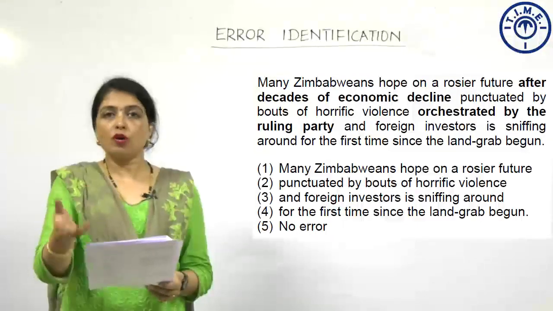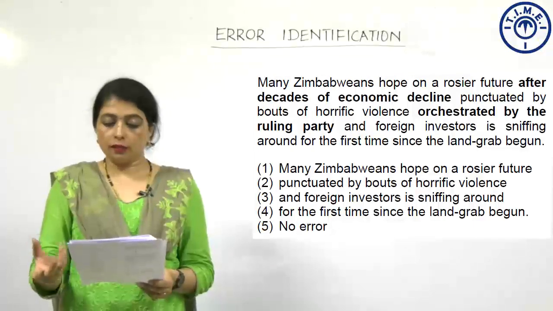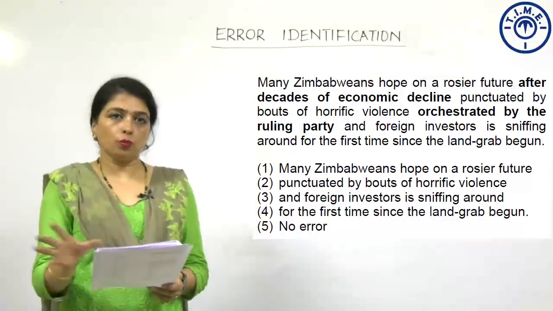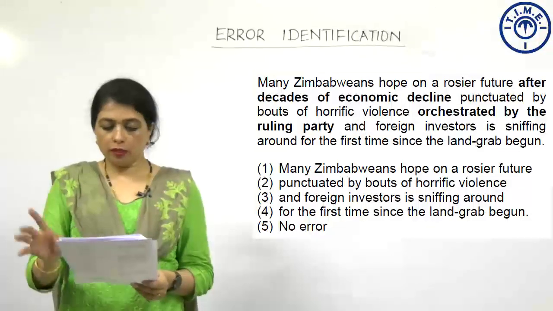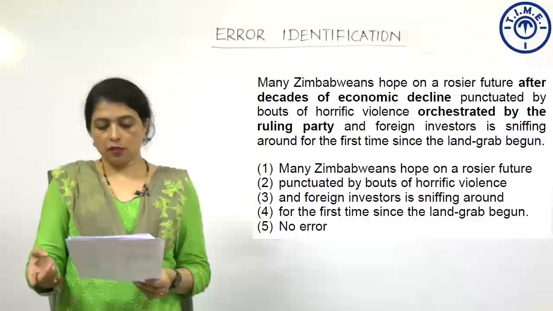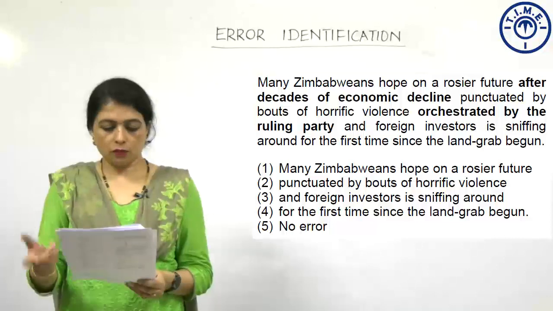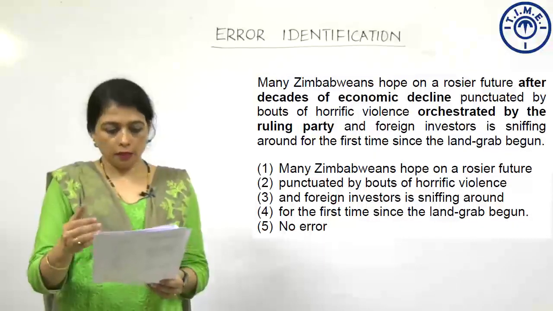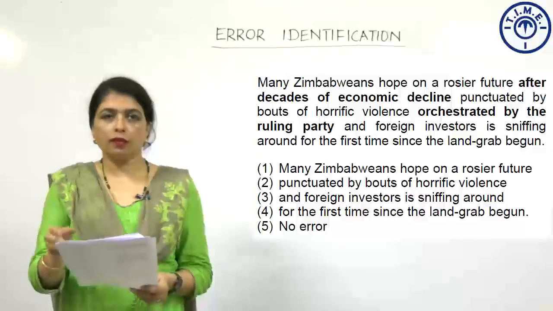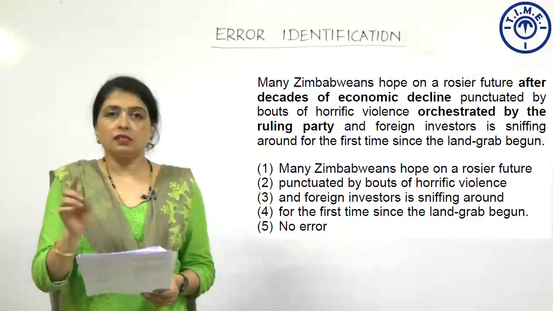So, we hope for something, which means we look forward to something and want something, and the preposition "on" over here is out of place. So, 1 is erroneous. Punctuated by bouts of horrific violence. Well, I don't think there is anything wrong with this. So, before marking 2 as the answer, let me discuss the remaining parts with you, and then we will consider this as our answer. And foreign investors is sniffing around.